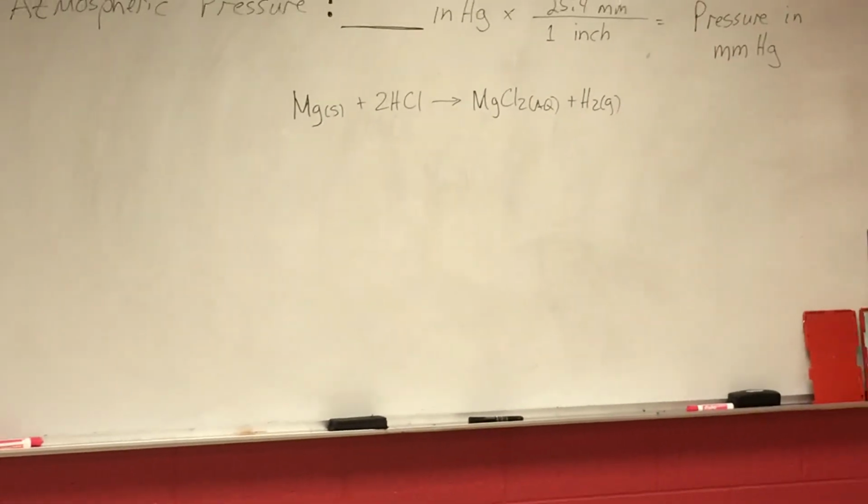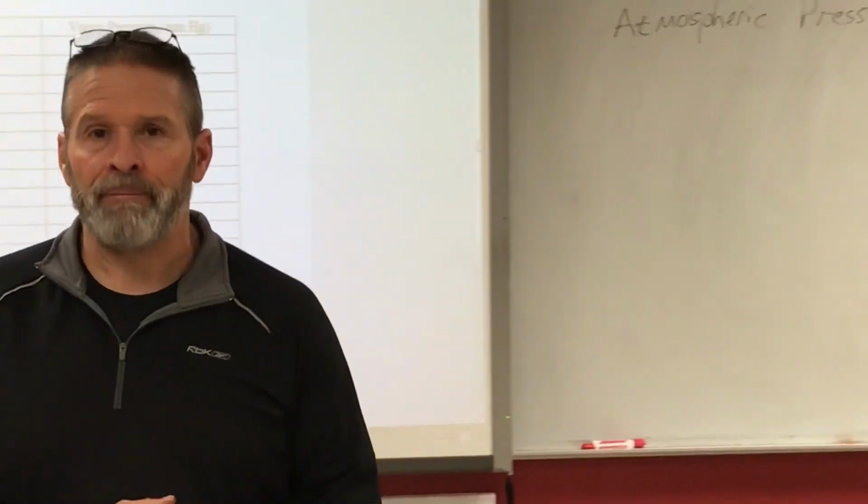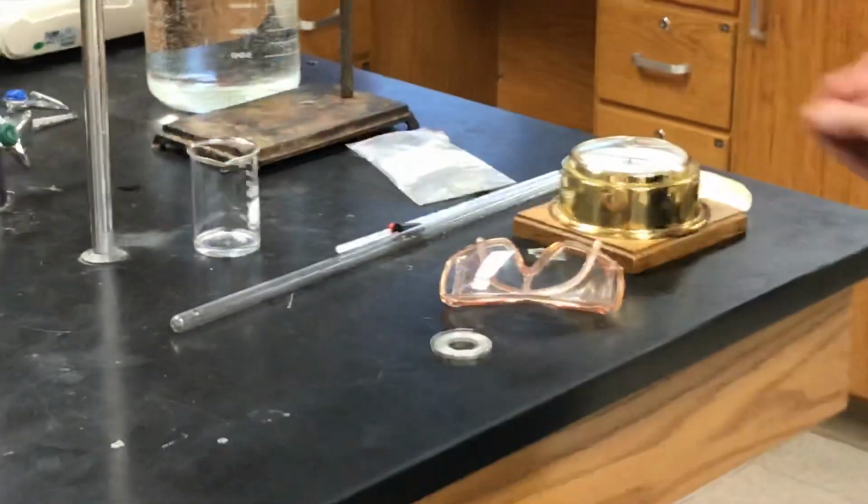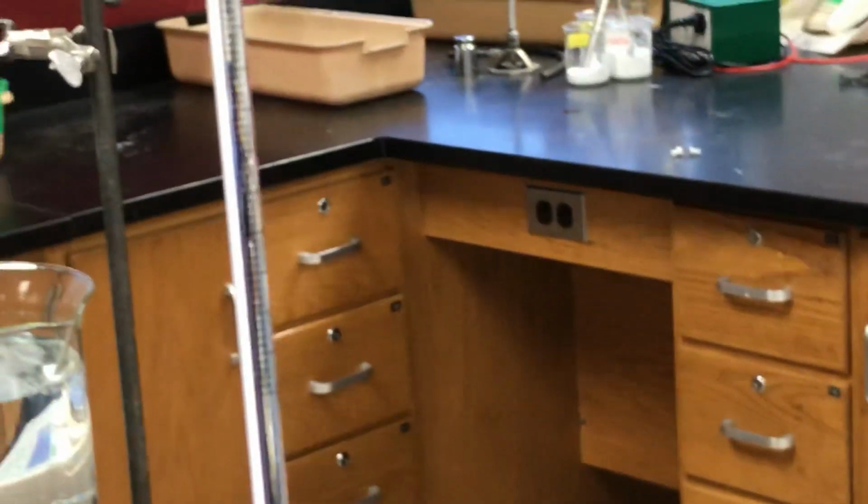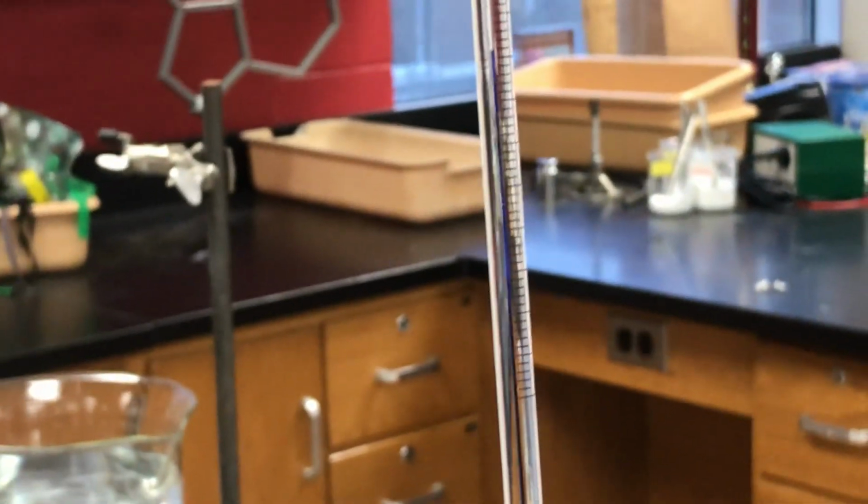Now there's going to be some data that we need to measure here before we start. So let's see if we can get some of that. For instance, it'd be nice to know what room temperature is. I don't know if I'm holding this still enough that you can focus on it.